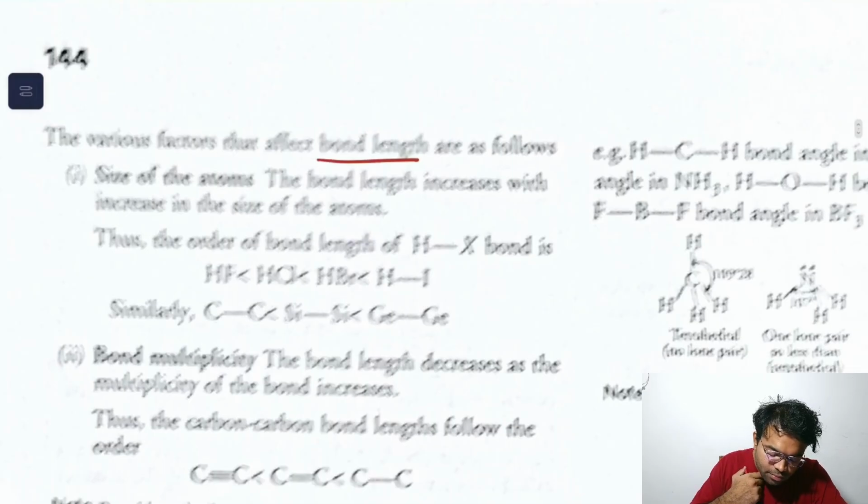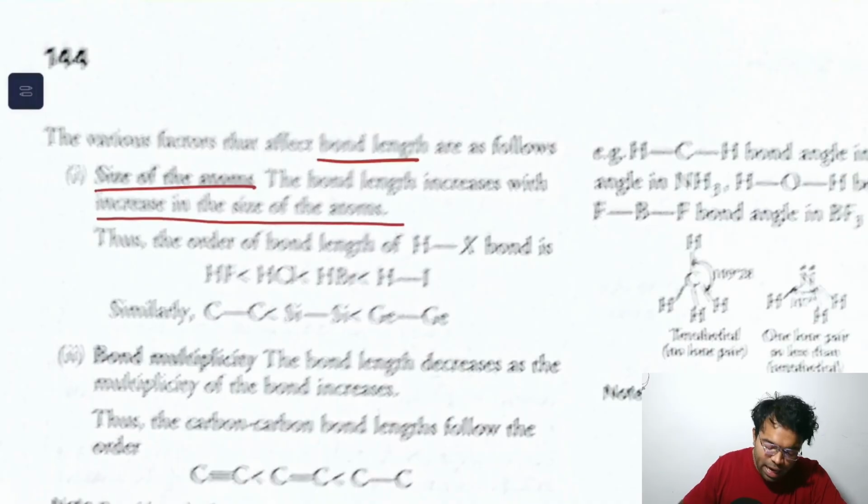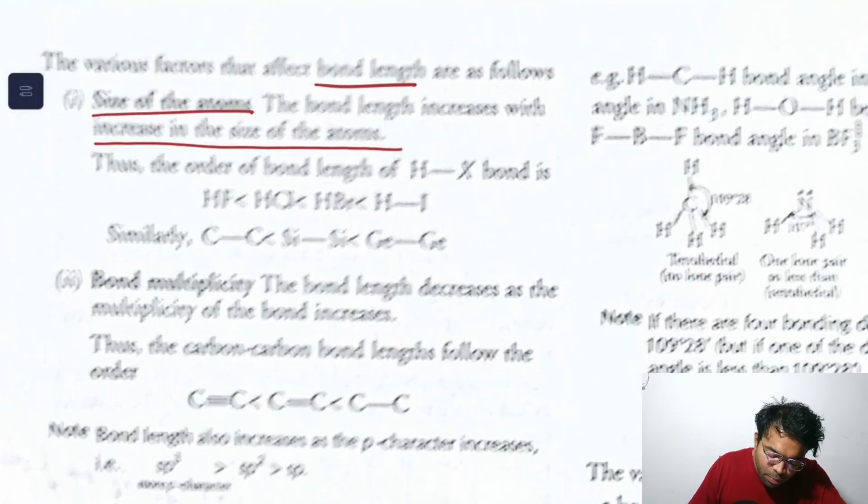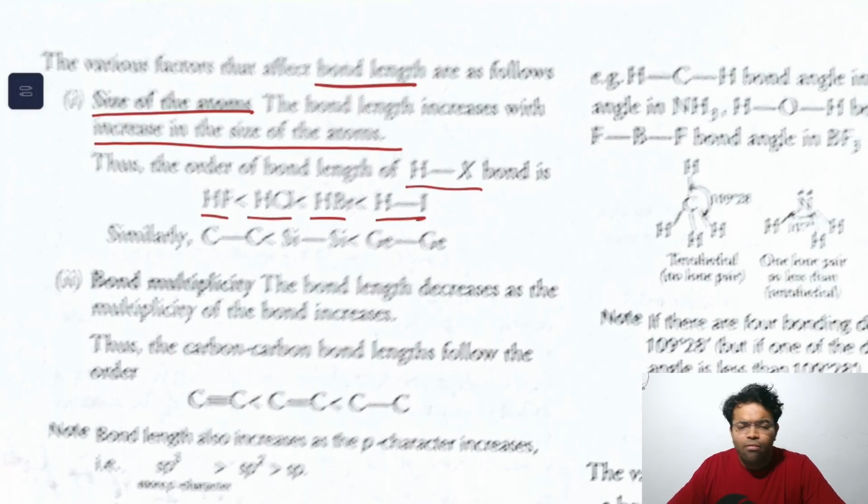The size of the atoms. The bond length increases with the increase in the size of the atoms. Thus, the order of bond length of the H-X bond is HF < HCl < HBr < HI. So it's easy, right?